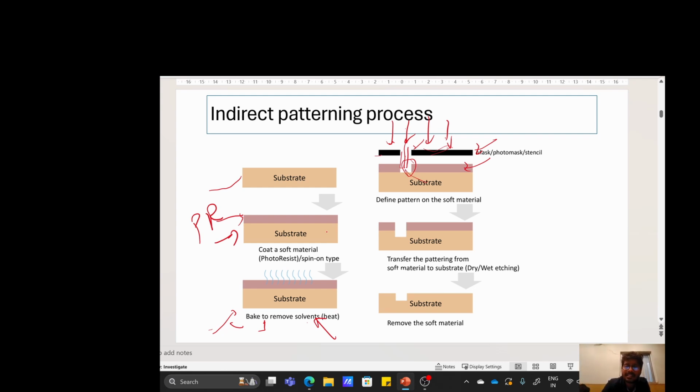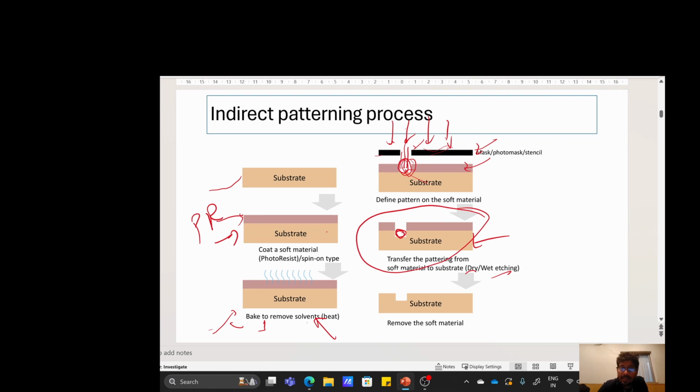Then we will remove the photoresist from this point, and then we will do the subtractive process that we will see later. The process we are using here, either dry etching or wet etching, we will see the wet etching today.